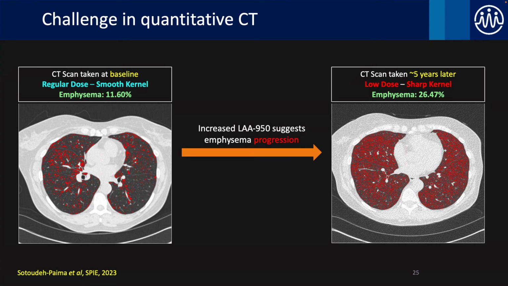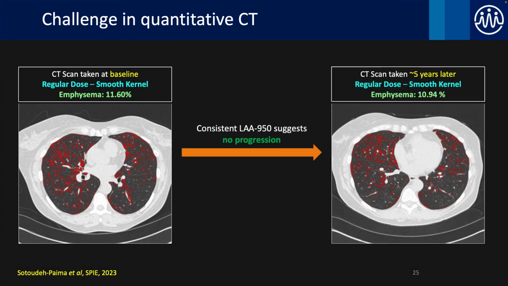For this very case, we happen to have also another CT scan of this patient. It was imaged at a regular dose on the same day and reconstructed with a smooth kernel. And that shows a 10% emphysema score, which if you compare with 11%, there is no change.